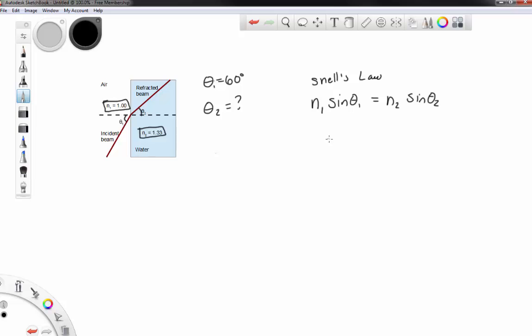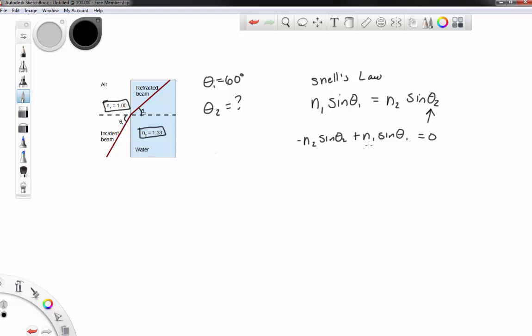So what we're looking for is this term right here. So we need to solve for that. That means that we need to rewrite our equation. I'm going to do that by subtracting N2 sine theta 2 from both sides of the equation.